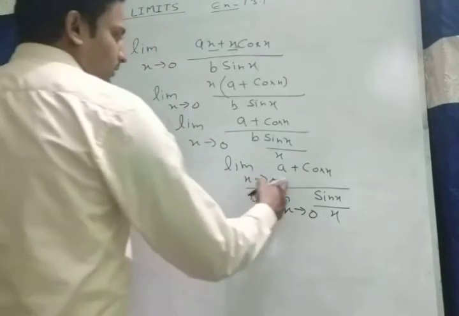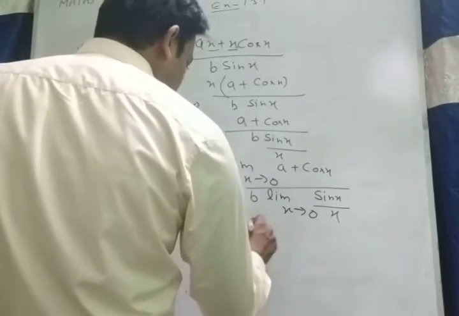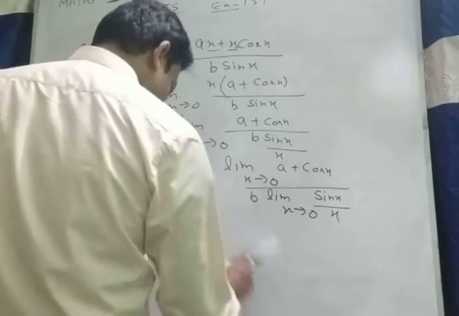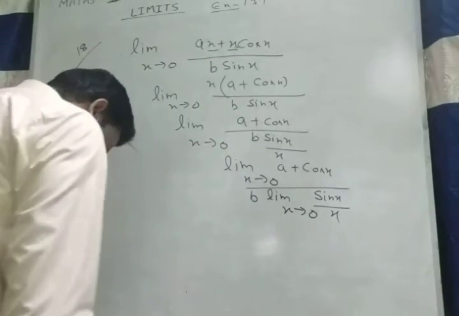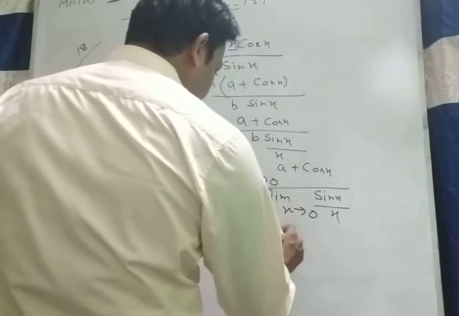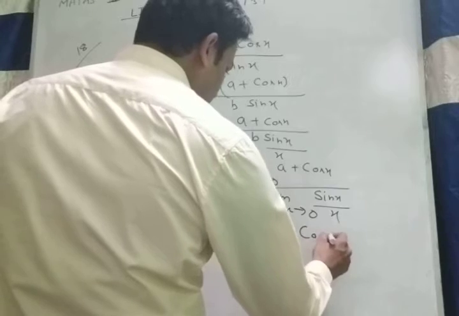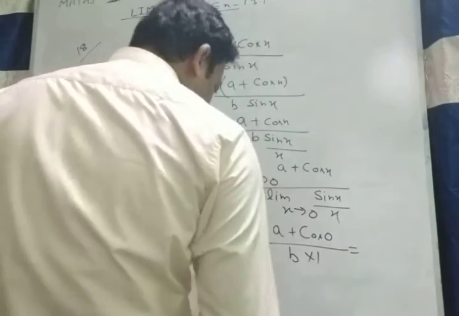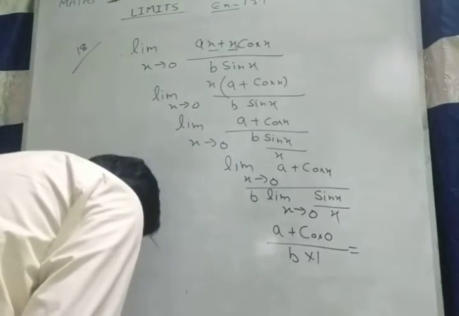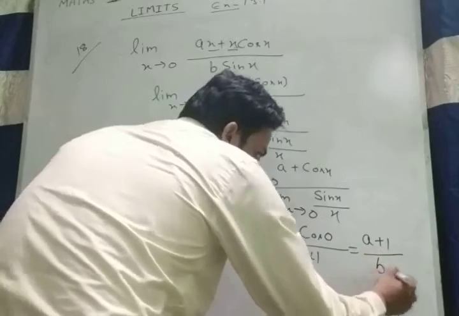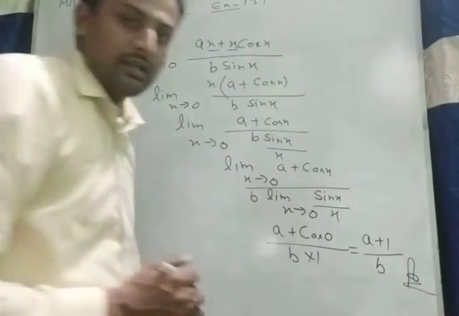Now put the value: this is (a plus cos 0) upon b into 1. So cos 0 is 1, so (a plus 1) by b, this is our answer.